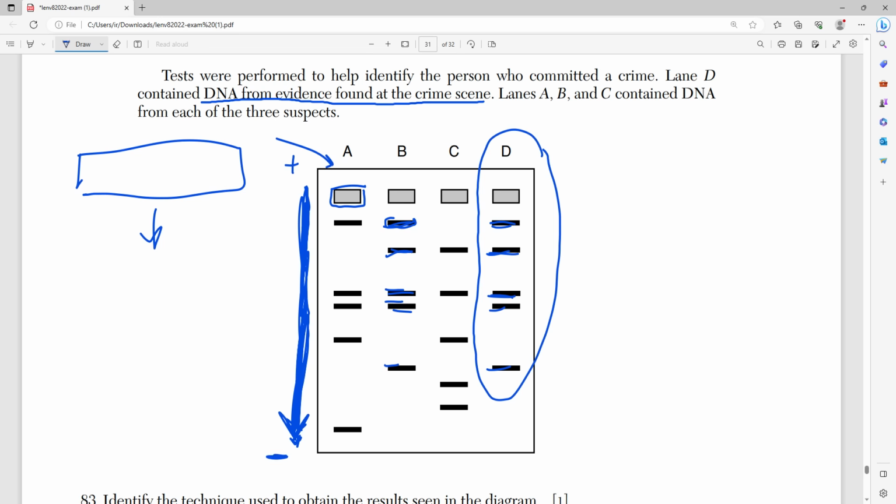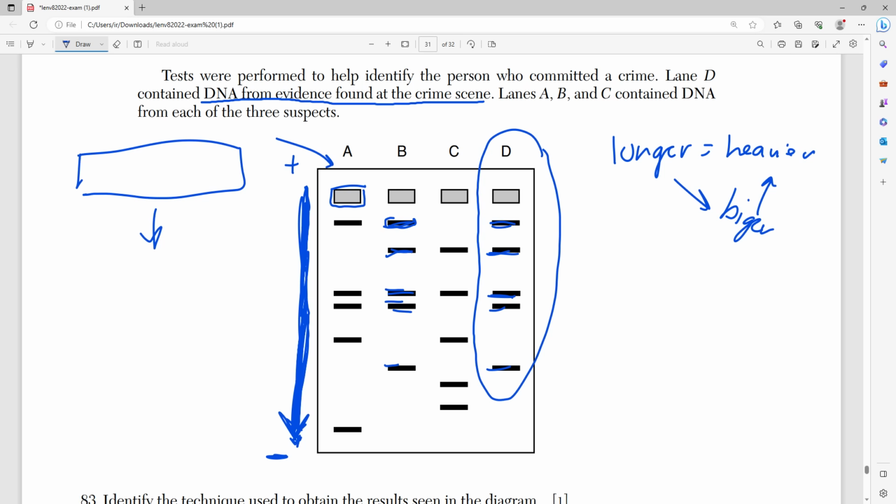Obviously, the longer something is, the heavier it is, right? Why? Because the longer something is, the bigger it is, and the bigger something is, it's usually heavier, right? So long DNA strands are often going to be heavy, and because they're heavy, they're going to move slower through this gel, right?